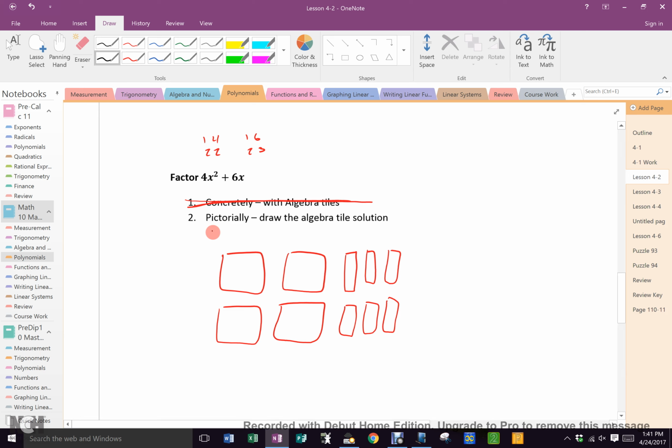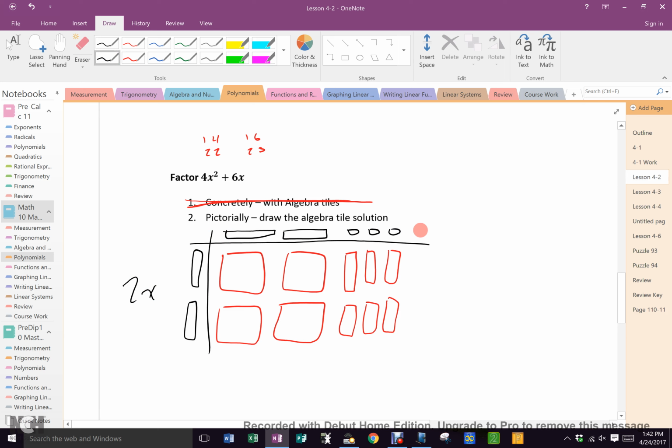So now how do I find the factors? Where do the factors live? On the side. And all I got to do is count. What's this edge? What's that? An x. What's that? An x. So how many x's is that? 2 x's. What's this side? What's this? What's this? 1, 2, 3. So what's this side? 2x plus 3.